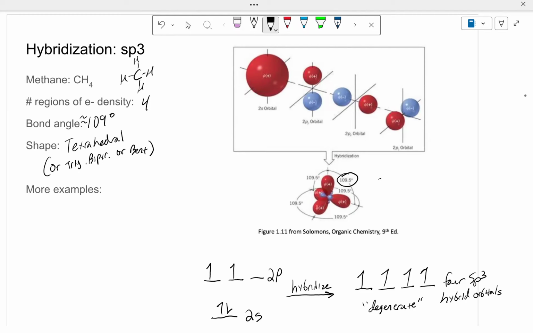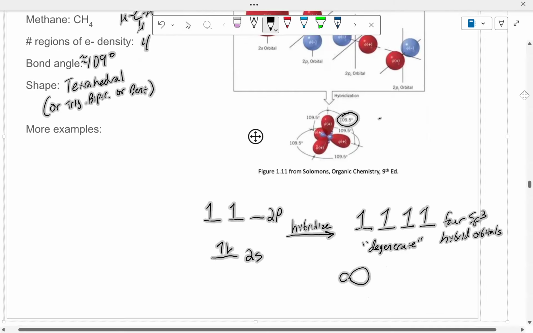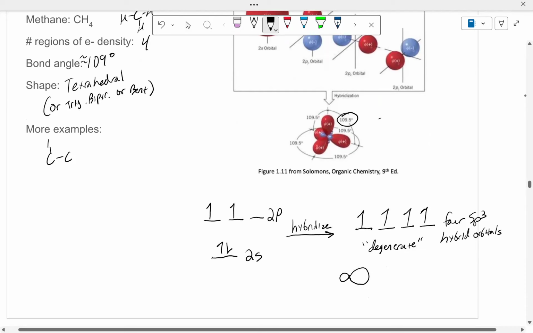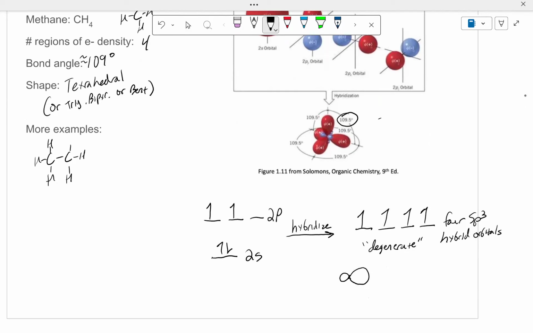But just to show some more examples of atoms that have this sp3 hybridization, like ethane here. These carbons are both sp3 hybridized. They have four regions of density around them. So that's an important trend that you should know.